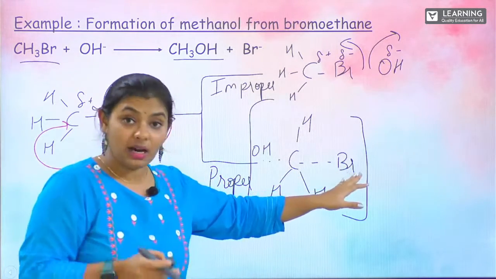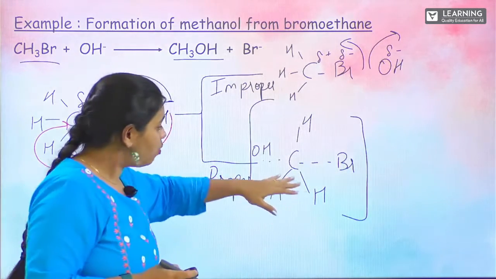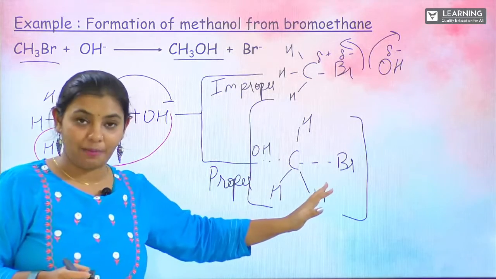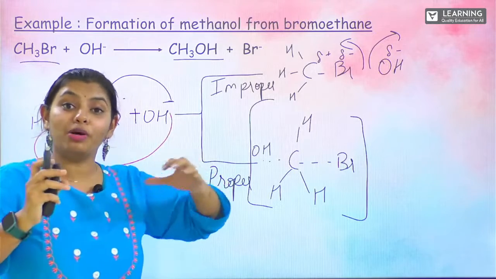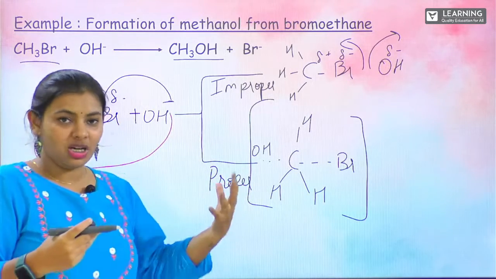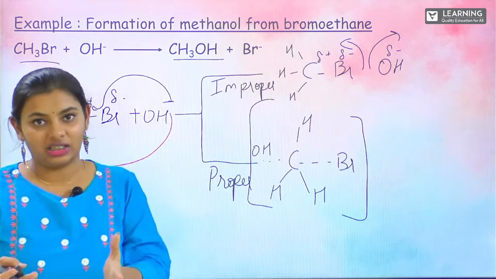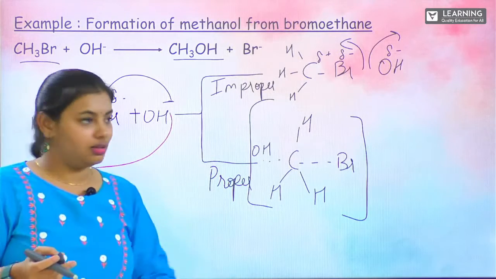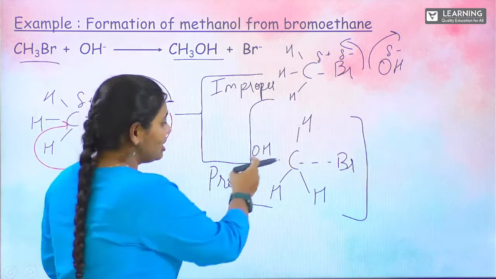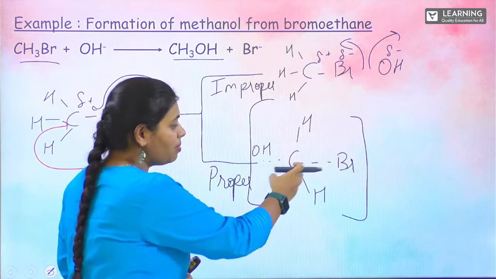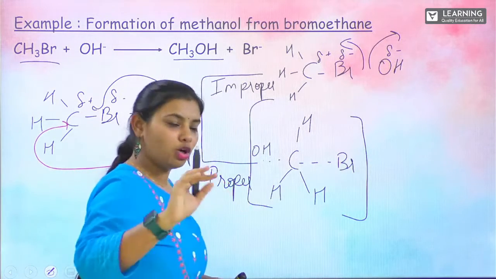Here what is happening? Bond breaking is happening. Here what is happening? Bond formation is happening. So this way we can tell when OH is in a proper orientation, OH is going to go and attack CH3 plus, then only the desired product is going to be formed. As slowly the OH bond is being formed, the Br bond will slowly go away.